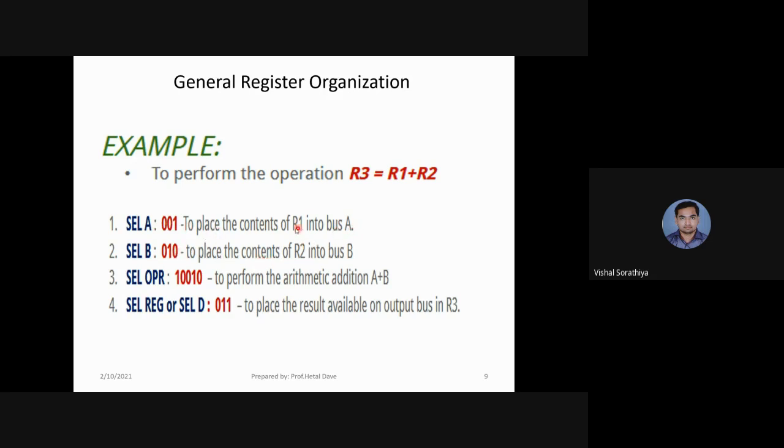So A will get the R1 data, B will get the R2 data. If you want the operand 10010, it performs A plus B. Give that operand to your accumulator, then select the decoder as 011. The result is going to be placed in R3. That's the same example we discussed in that animation.